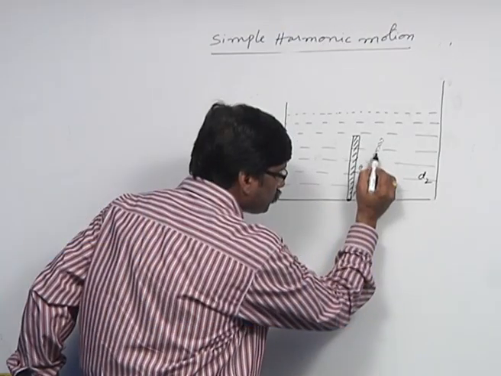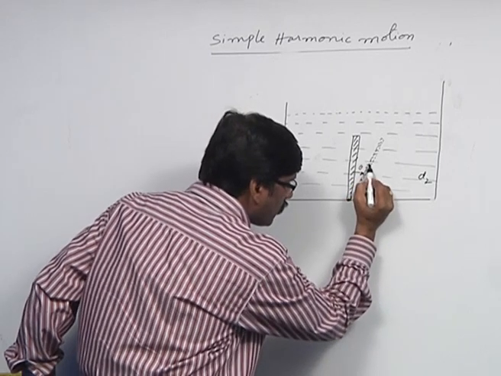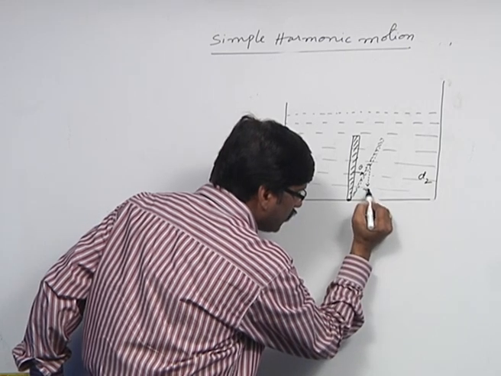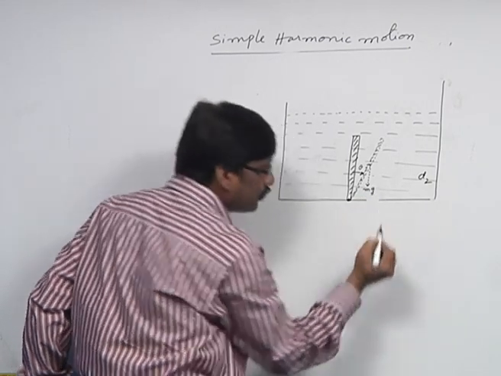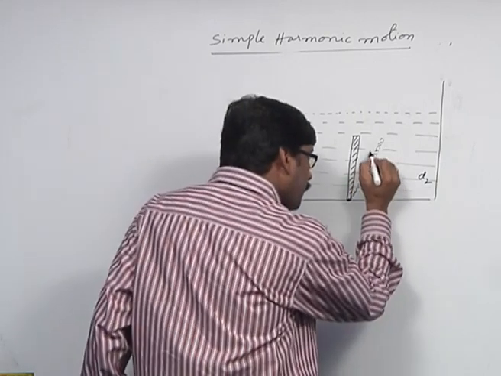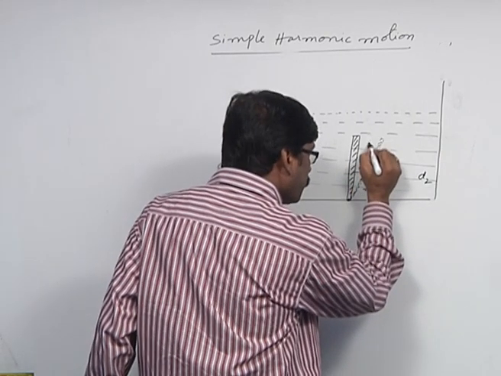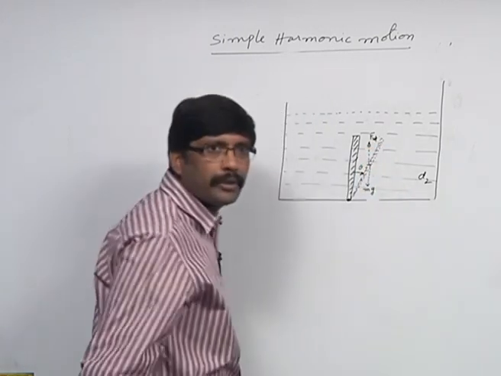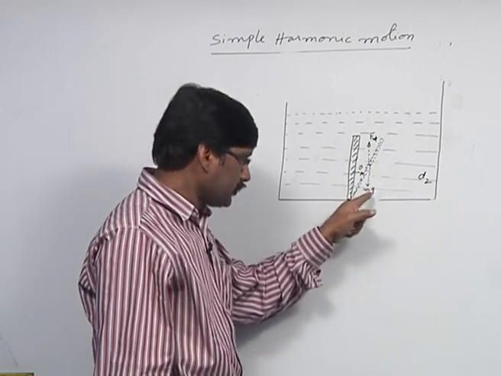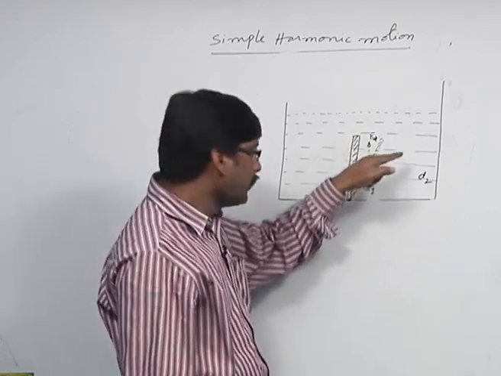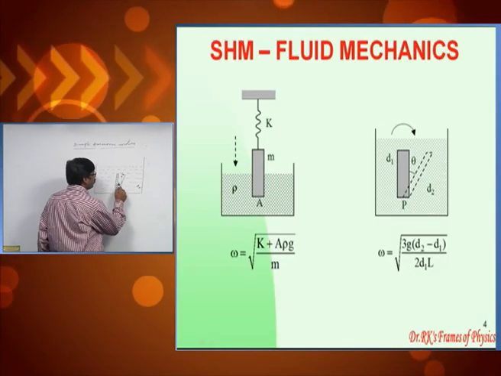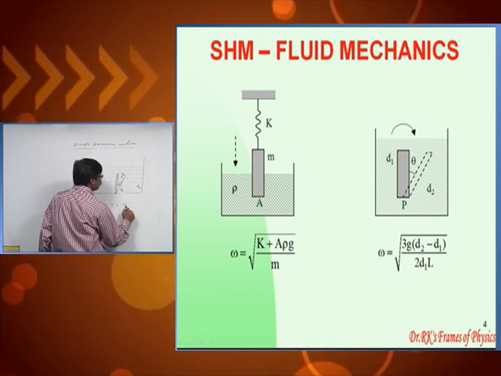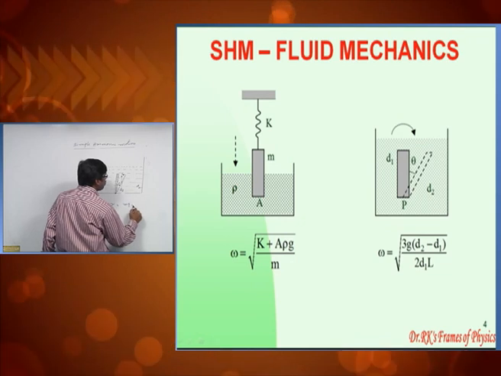Look at it now. The gravitational force mg is acting down. At the same point, upthrust is acting up. The resultant of this mg and upthrust produces a restoring torque, which is nothing but torque tau is equal to mg minus upthrust.